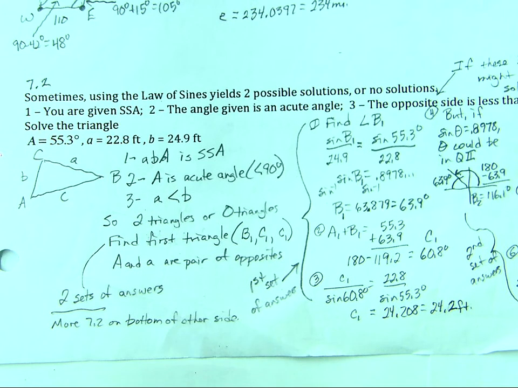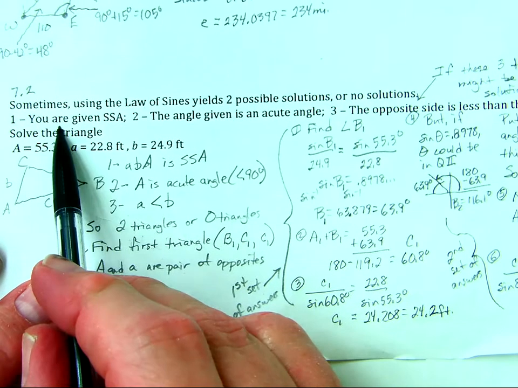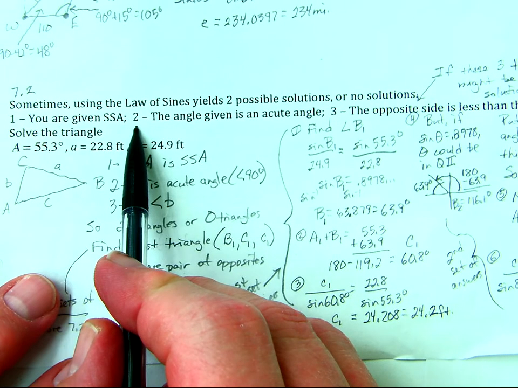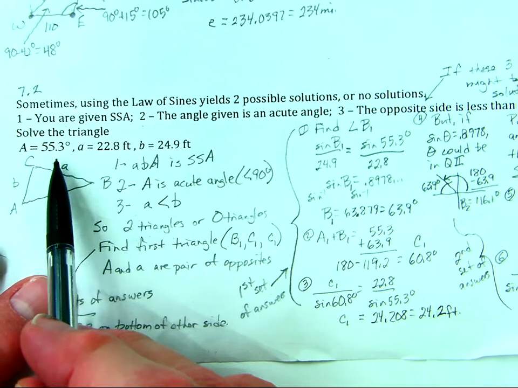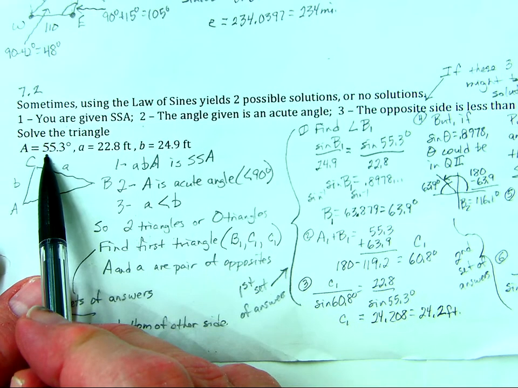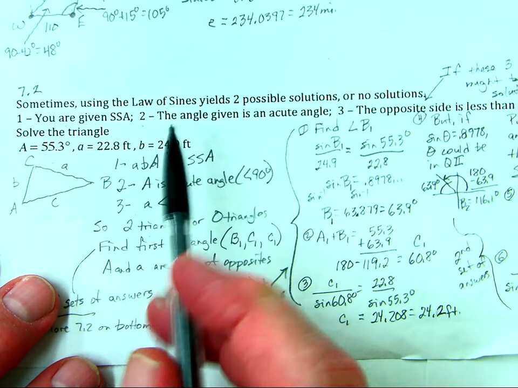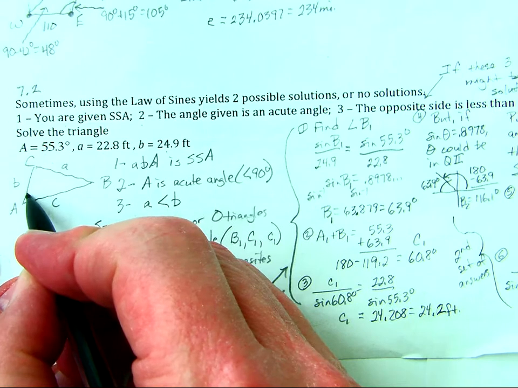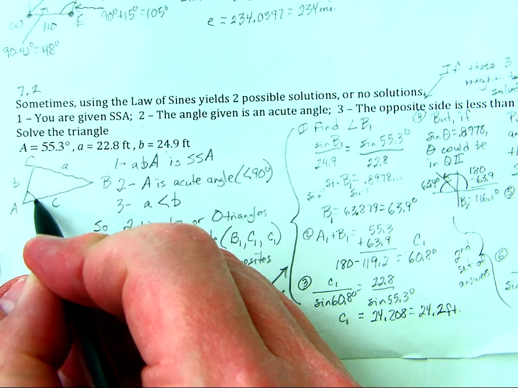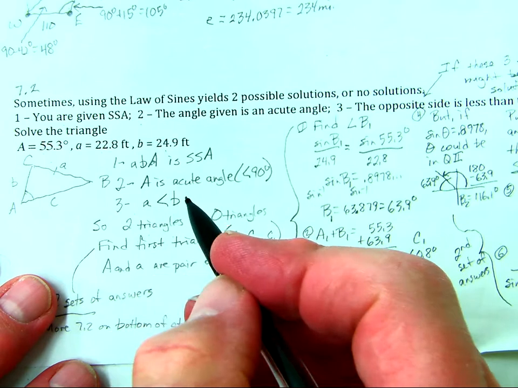Now, when you know that's going to happen, there are three things that have to be true. First, you're given side-angle. So like here on this first problem, you have angle A is 55.3, side a is 22.8, side b is 24.9. If you put those on your triangle, you'll notice we have angle A over here, side a here, and side b here.